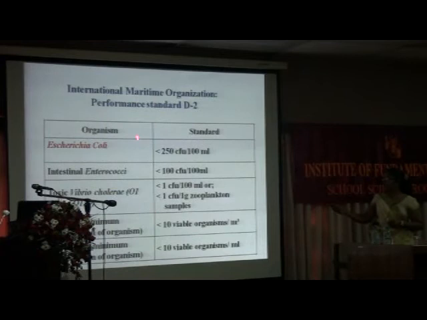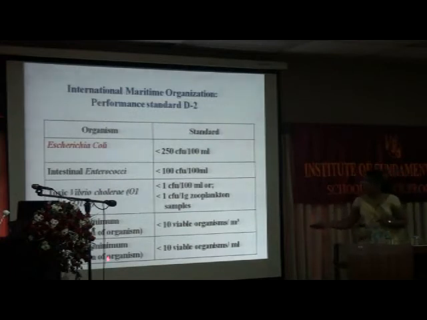treatment system, you have to meet these standards. Meaning is, for example, you shouldn't have more than 10 organisms per cubic meter of this size. Okay, so you have to maintain these guidelines if your treatment system is accepted.